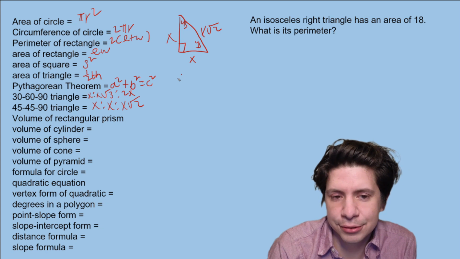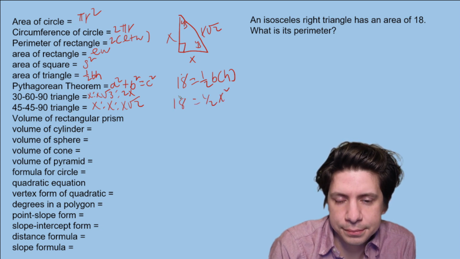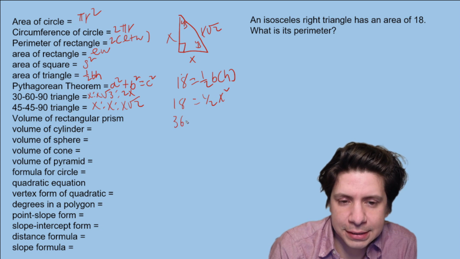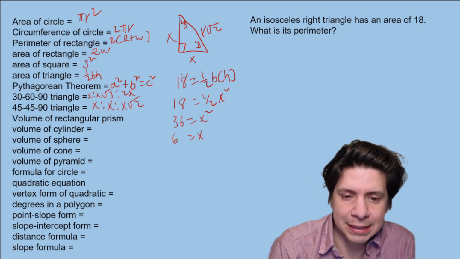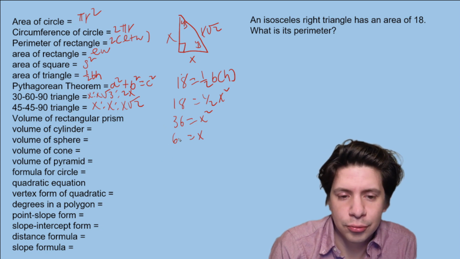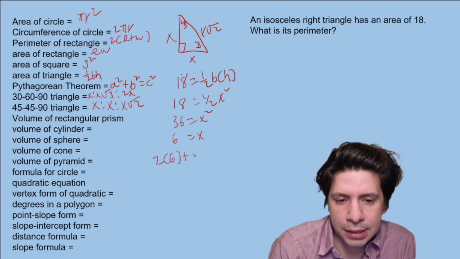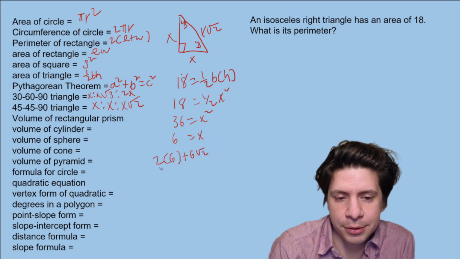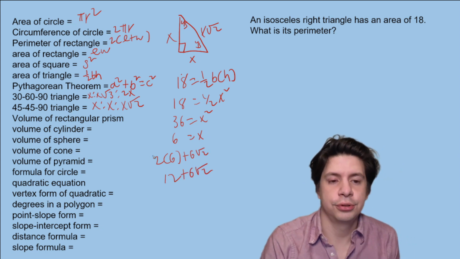So they're the same, so it's going to be 18 equals 1/2 base times height, but here they're the same, so it equals 1/2 x squared. So 36 equals x squared. So x equals 6. So the perimeter would be double that, because there's two of them, plus 6 root 2 for the hypotenuse. So that'd be 12 plus 6 root 2.